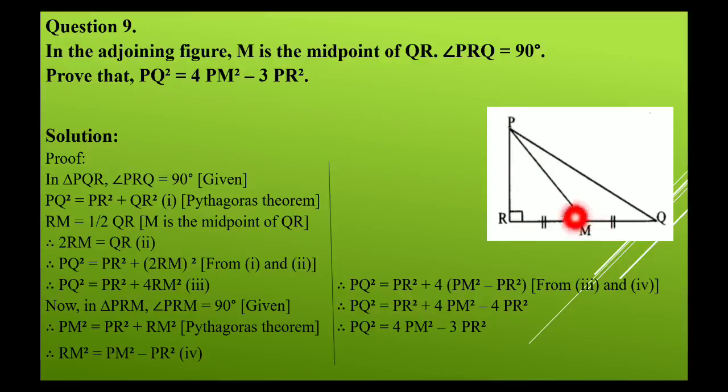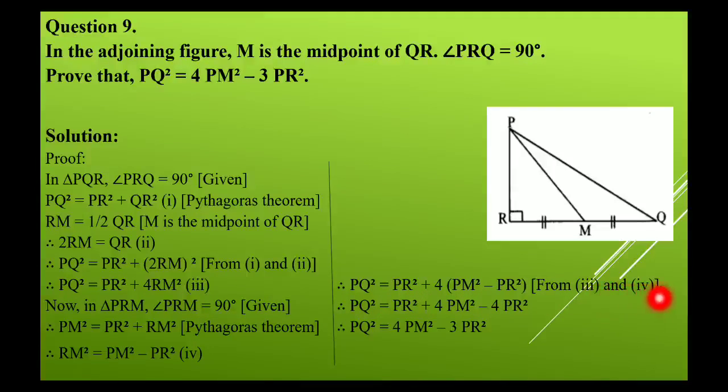PM square is equal to PR square plus RM square. I will bring PR square to the left hand side. When I bring PR square to the left hand side, this statement will become RM square is equal to PM square minus PR square. This is statement number 4.